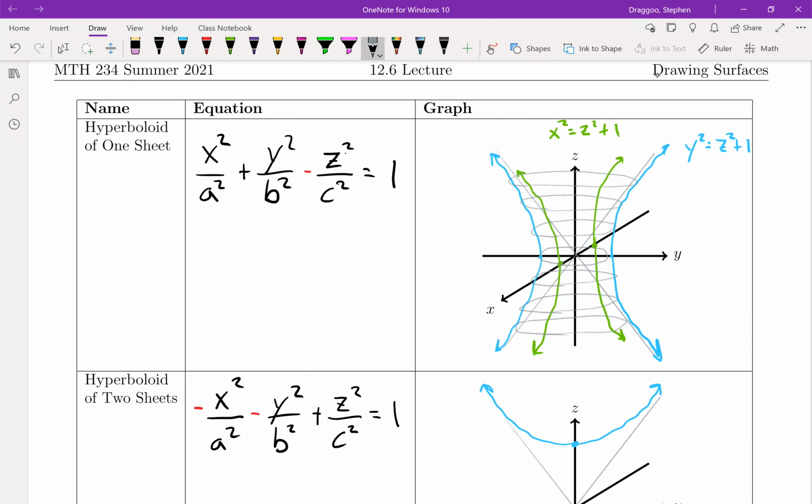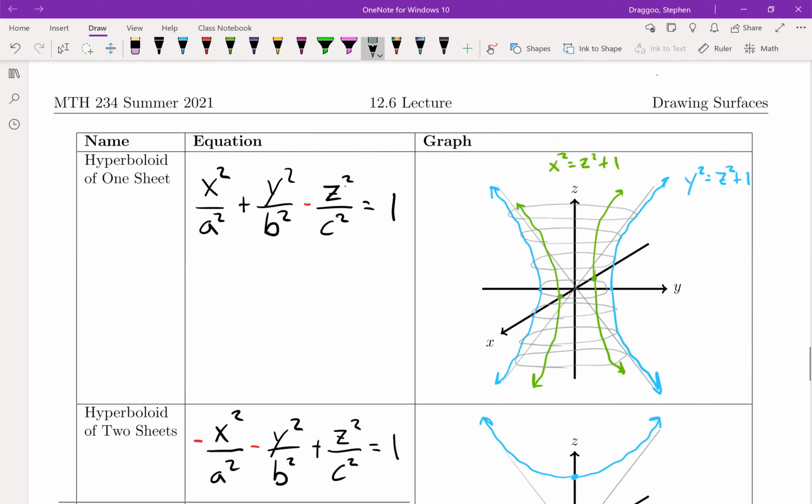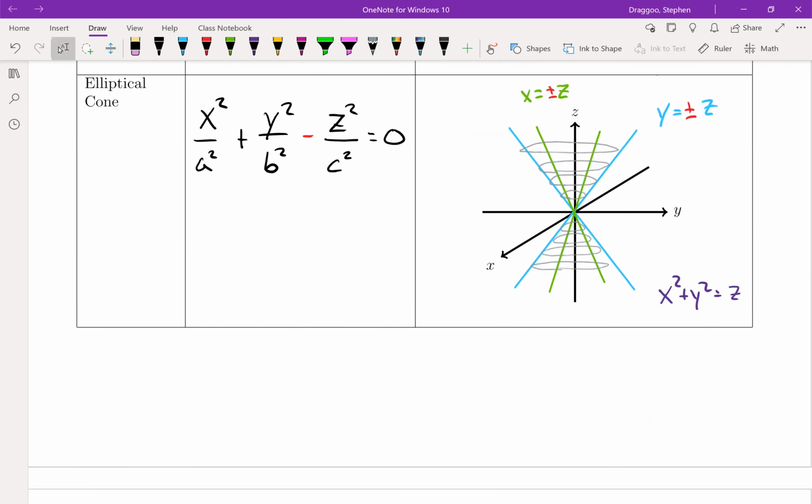So what's important on the hyperboloid of one sheet, meaning that I can construct the entire three-dimensional shape with only one continuous surface, is that I have, again, 3 square terms, and one of them is negative, but there is a constant term this time, compared with a cone where the constant term was 0.